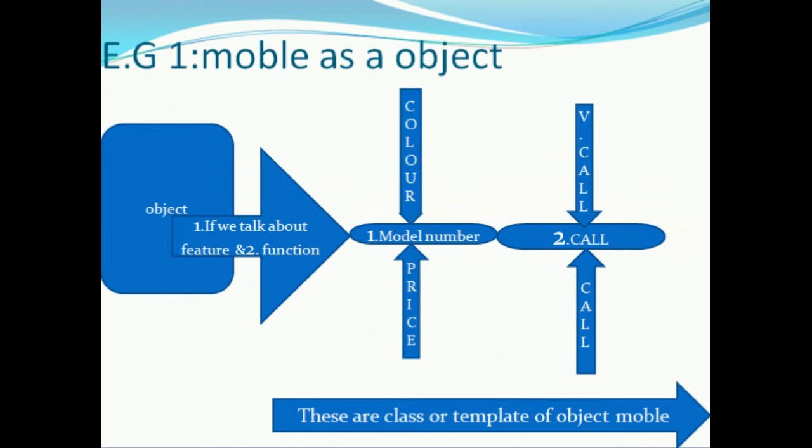Means by the template or class, we define their work and function. But all these are implemented in the real world or outer world by the object, that is the mobile. Here, their features and functions are the template and the mobile is the object. After this, by the object we implement that template or class in the real world.